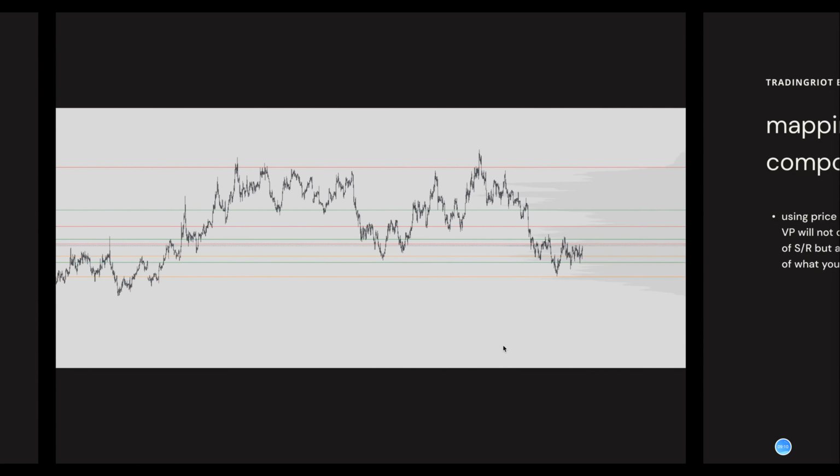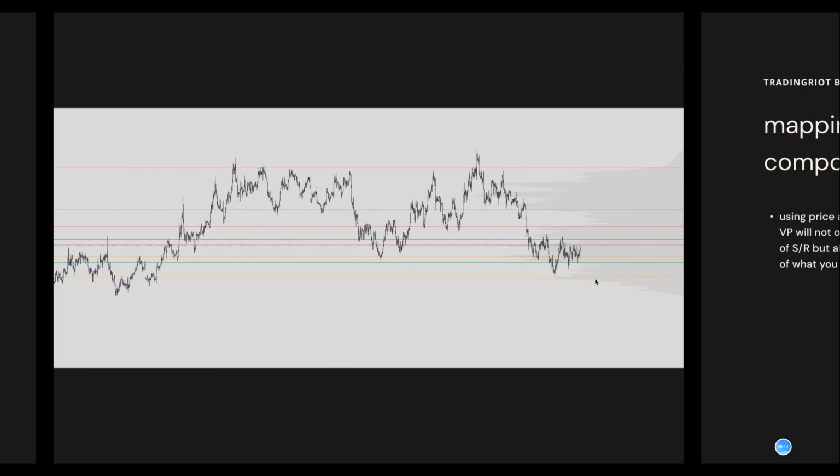So this is the composite profile. You can see the levels here are marked out. The idea is that this shows the volume for each kind of period.